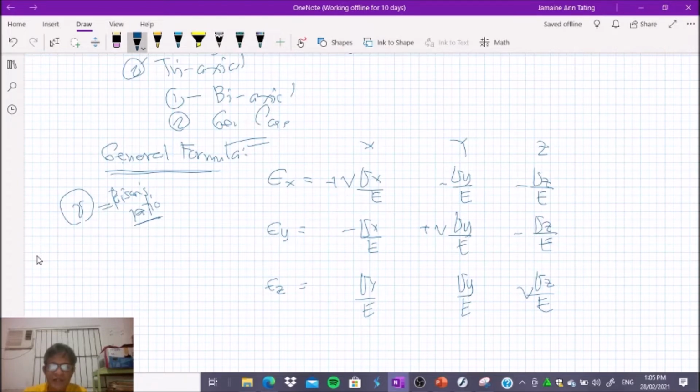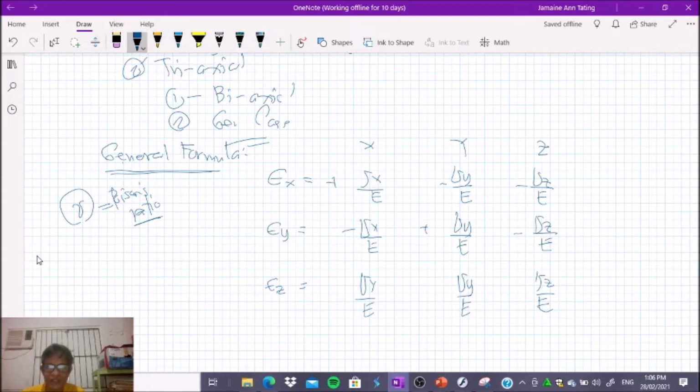Wait lang. Sorry, mali pala. Mali yung lagay ko ng v. Dito walang v. Dito ang lalagay tayo ng v.